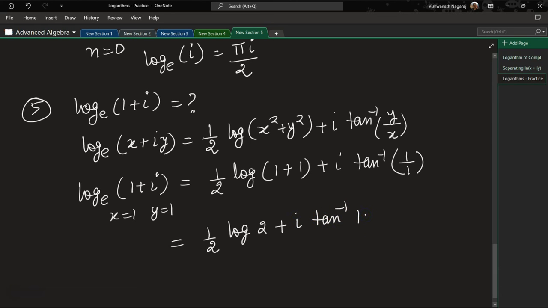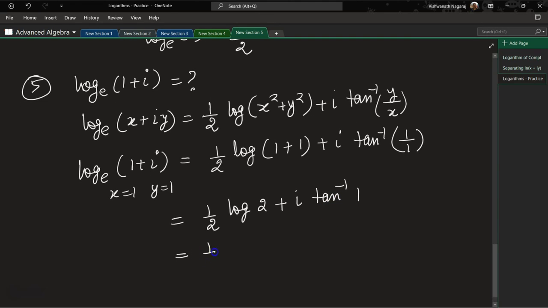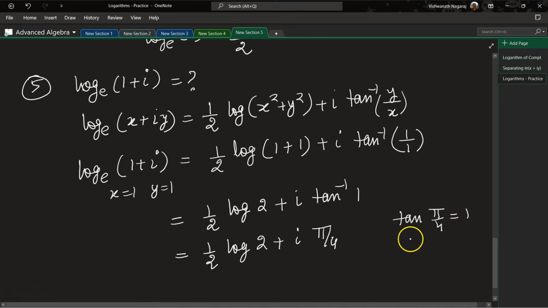Now for what angle will tan be 1? That is what this means. We know that it is going to be log 2 plus I, this would be pi by 4. Tan 45 is equal to 1. Tan pi by 4, that is 45 degree, is equal to 1, because sine and cos are equal. Okay, so which means pi by 4 is equal to tan inverse of 1.